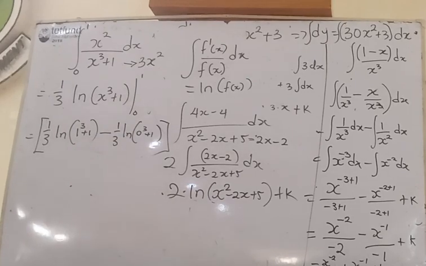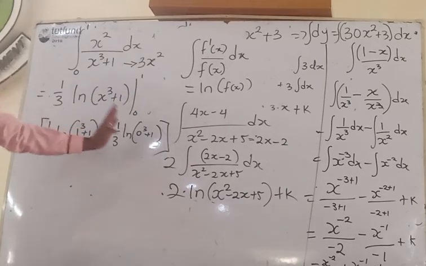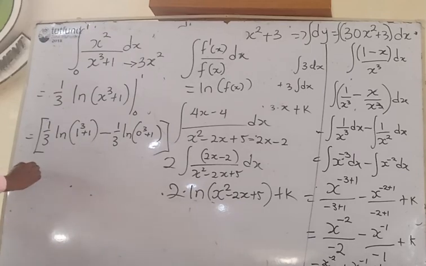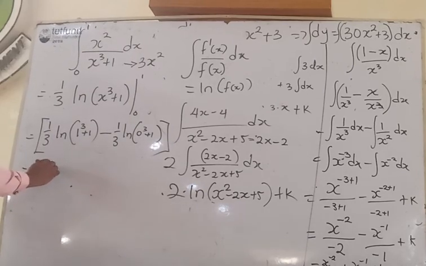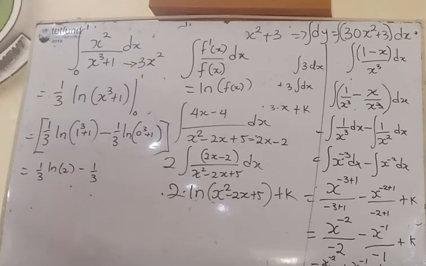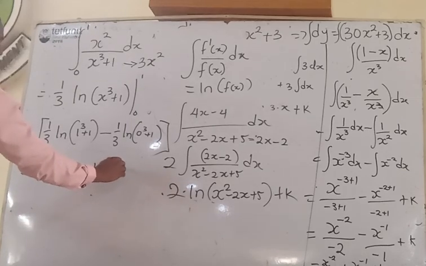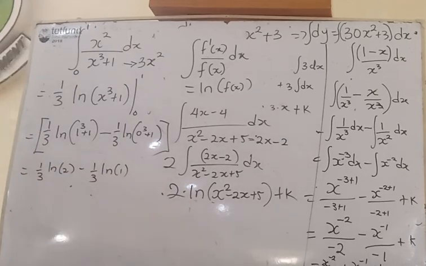That is all. That is the whole thing. Evaluate the upper bound minus evaluate the lower bound. This is going to give me what? 1 over 3 ln what? Ln 2. Is that so? 1 raised to 3 is 1 plus 1 is 2 minus 1 over 3 ln what? Ln 1. Punch it in your calculator and tell me the answer.